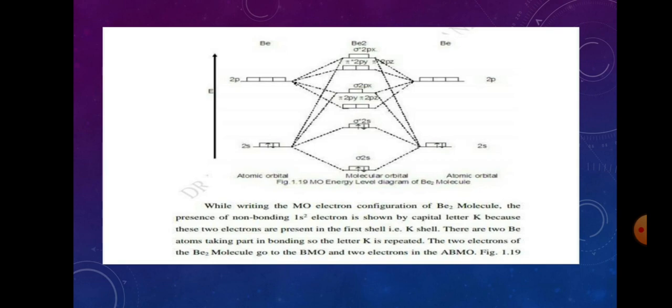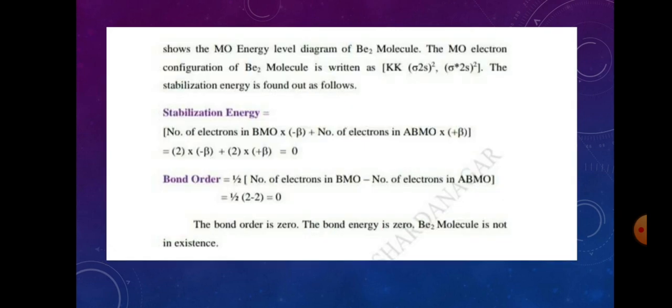The first two electrons of the Be2 molecule go to the bonding molecular orbital, and the next two electrons go to the antibonding molecular orbital. Then the molecular orbital electronic configuration of the Be2 molecule is written as KK sigma 2s2 sigma star 2s2.